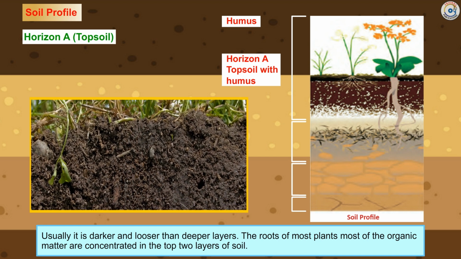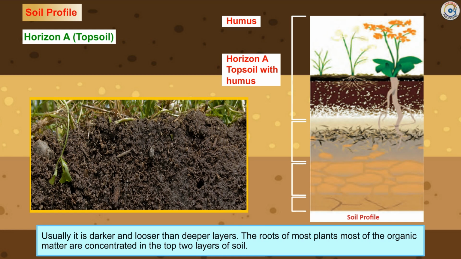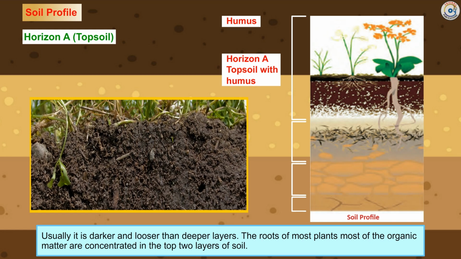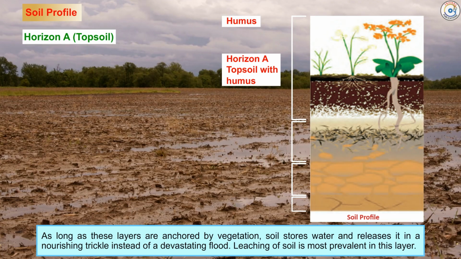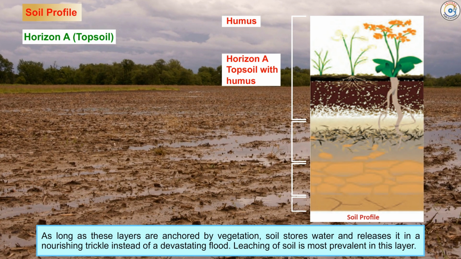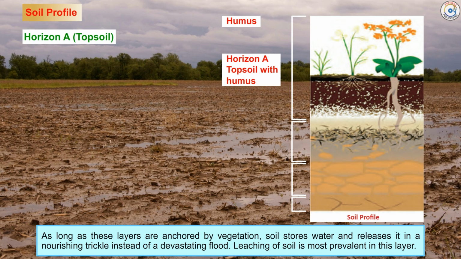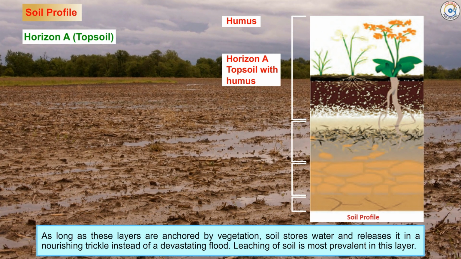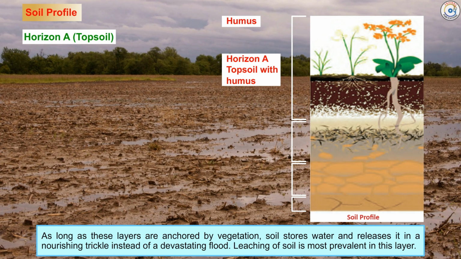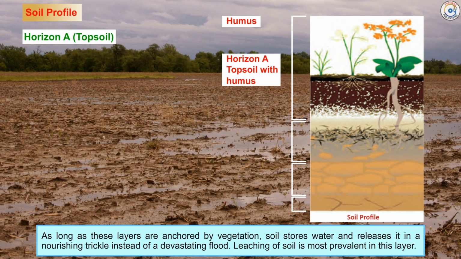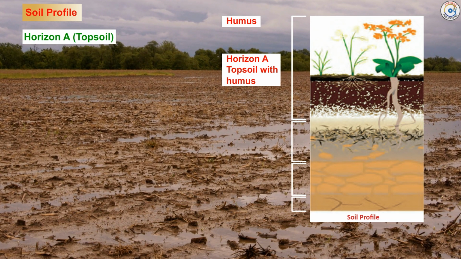The roots of most plants and most of the organic matter are concentrated in the top 2 layers of soil. As long as these layers are anchored by vegetation, soil stores water and releases it in a nourishing trickle instead of a devastating flood. Leaching of soil is most prevalent in this layer.